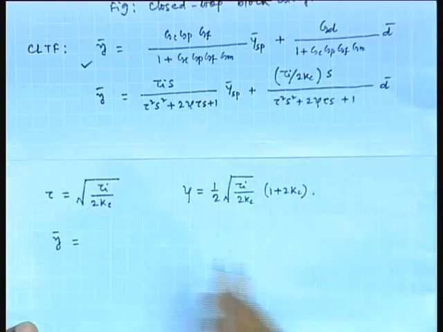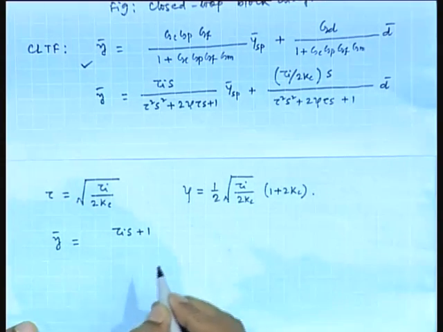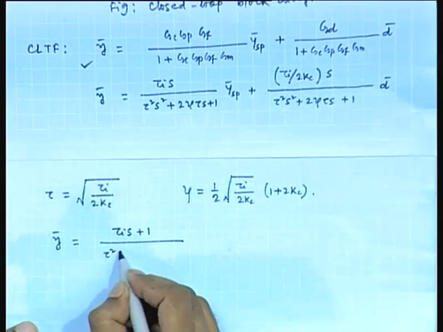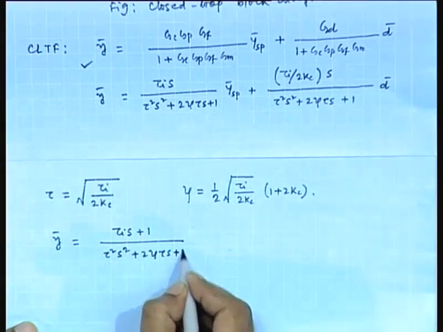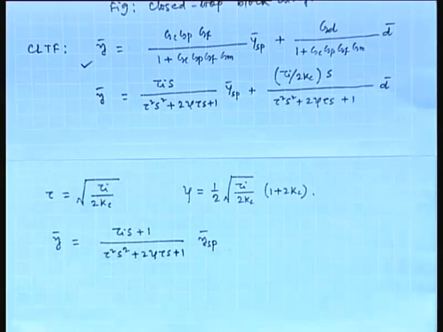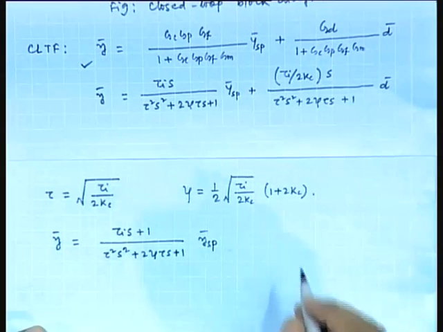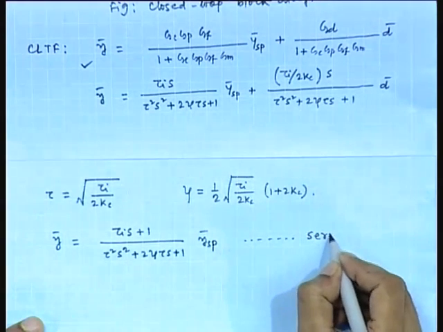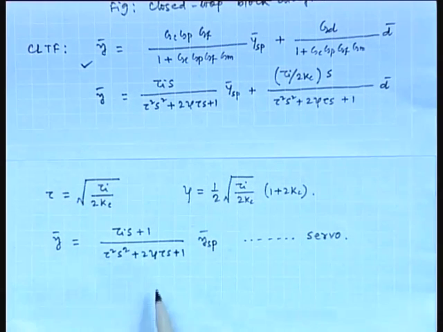Then the closed loop transfer function becomes y bar equals (tau y s plus 1) divided by (tau square s square plus 2 zeta tau s plus 1) multiplied by y set point bar. This is the closed loop transfer function for the Servo case.